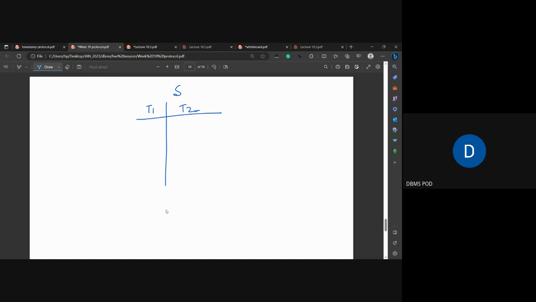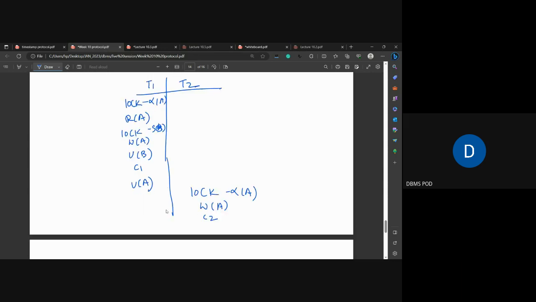Suppose T1 applies lock X(A), then read A, lock X(B), then write A, write B, unlock B, and this is commit C1, then unlock A. Then T2 takes exclusive lock on A, write A, this is C2, then unlock.